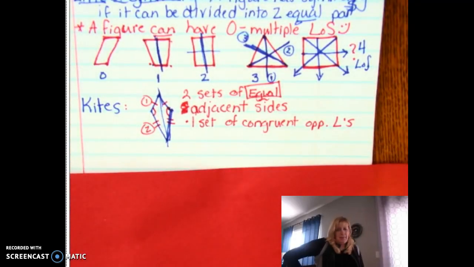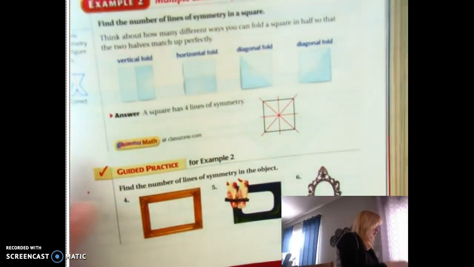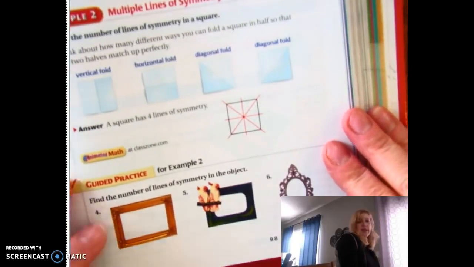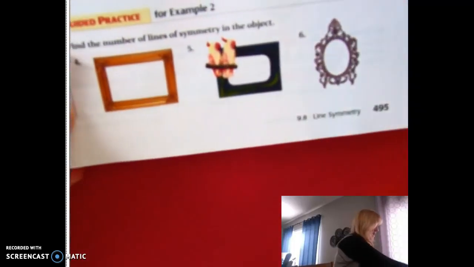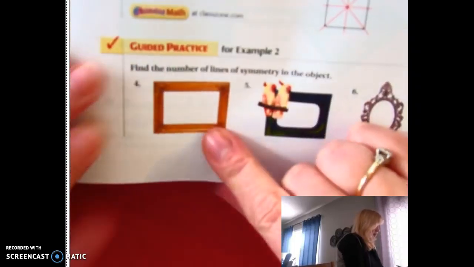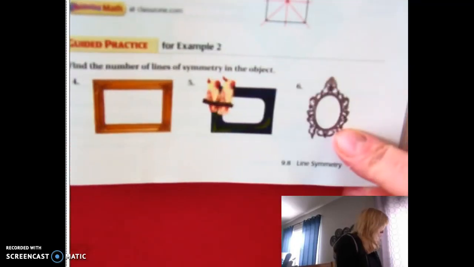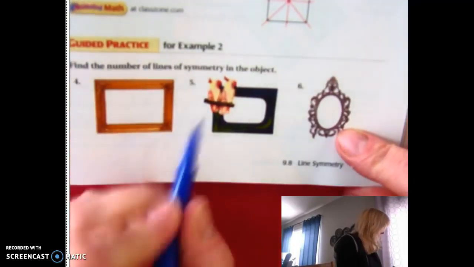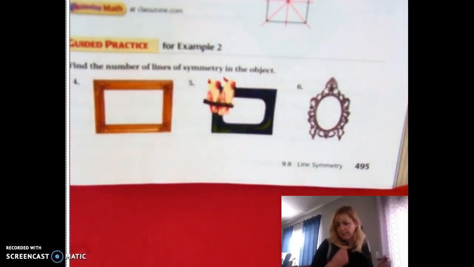So I'm going to pop some pictures up here from our book and take a look at some real life objects. Here's a couple of mirrors down here at the bottom. If you take a look at the one with this frame, you're going to have a normal rectangle, and you're going to see here and here you have a line of symmetry.